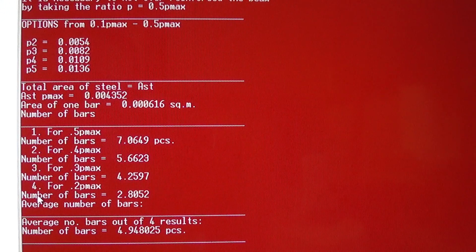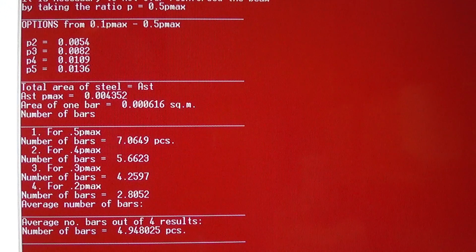And for 0.2 P max, you have about 3 bars. This is too small. I usually consider the 0.5 P max.